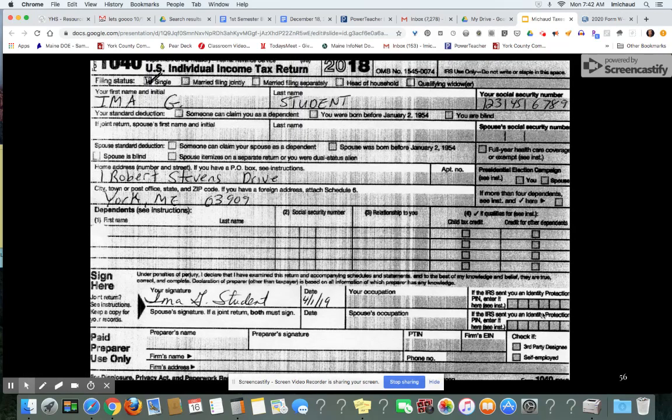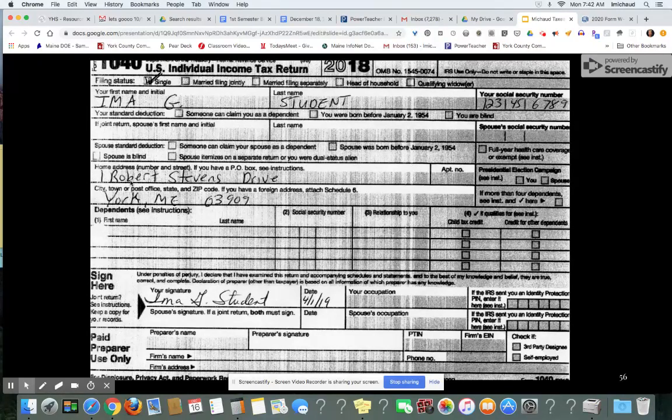So please get out your 1040 income tax statement, and let's fill in the information in the top. The person's name is Ima, middle initial G, last name Student. This person's Social Security number is 123456789.